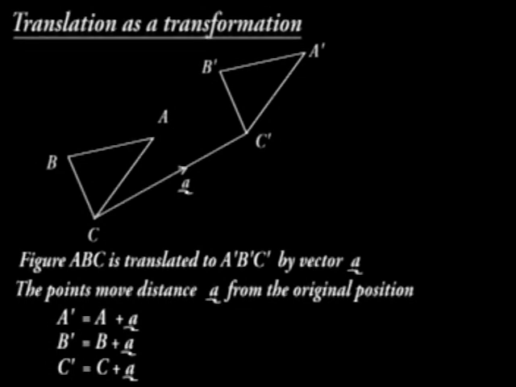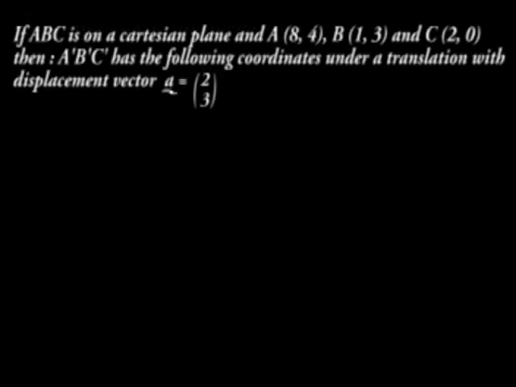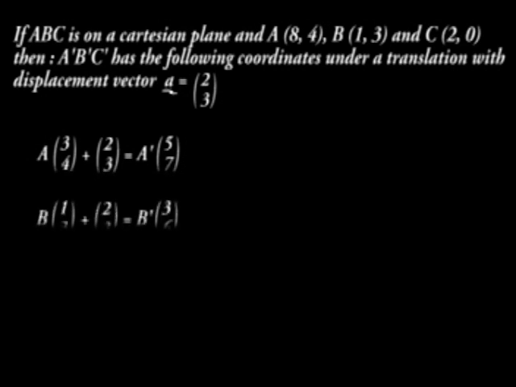If ABC is on a Cartesian plane and A is (3, 4), B (1, 2), and C (2, 0), then A prime, B prime, C prime has the following coordinates under translation with displacement vector A equal to (2, 3). A (3, 4) plus (2, 3) is equal to A prime (5, 7).